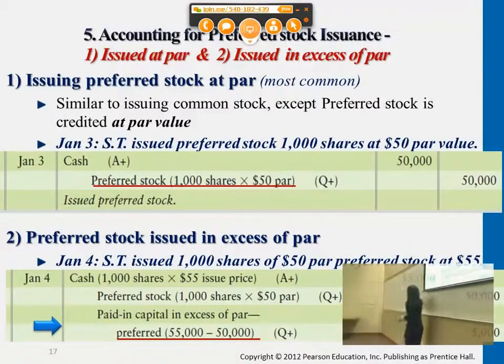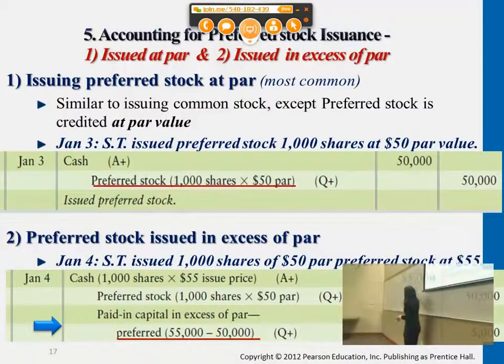Paid-in capital now not only has common stock, but also, if the company issues preferred stock, there's also preferred stock. And there's not only just these two accounts. If the company issues at a premium, very likely there are also these two accounts as well, together with preferred and common. So you may have paid-in capital in excess of preferred, and paid-in capital in excess of common stock.